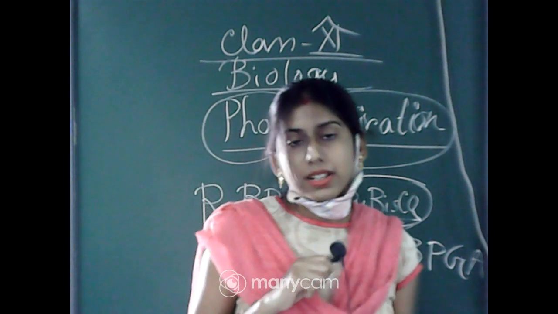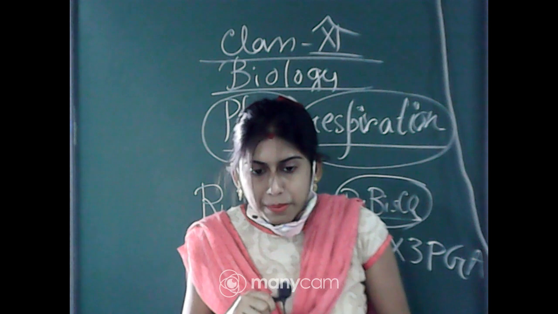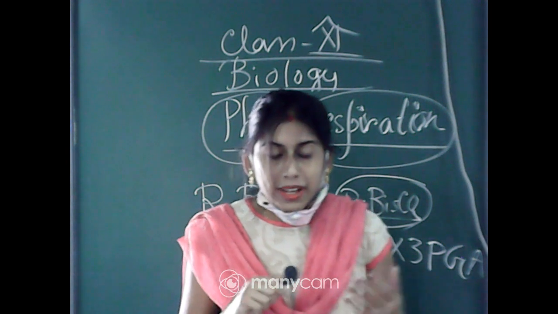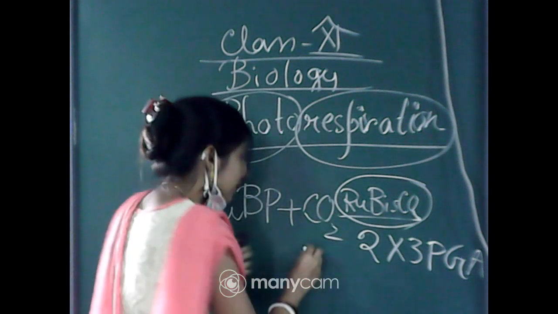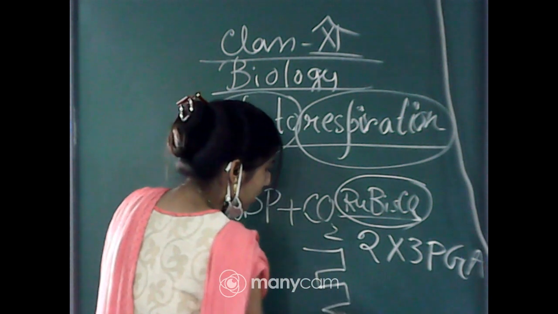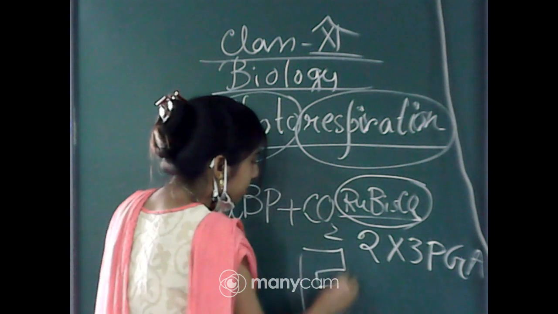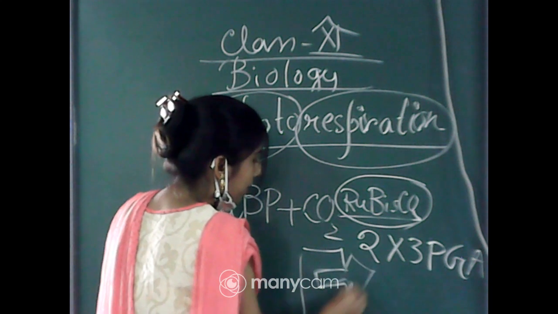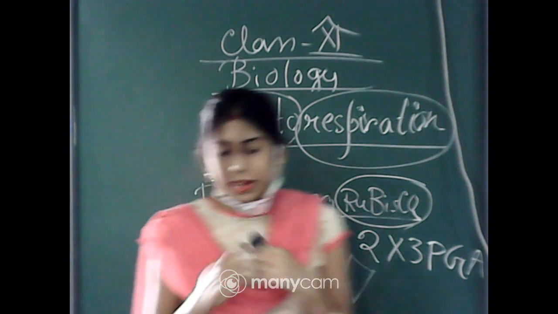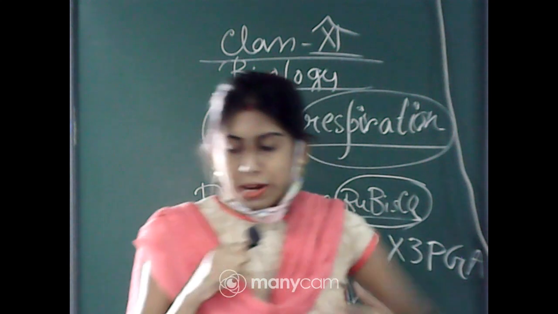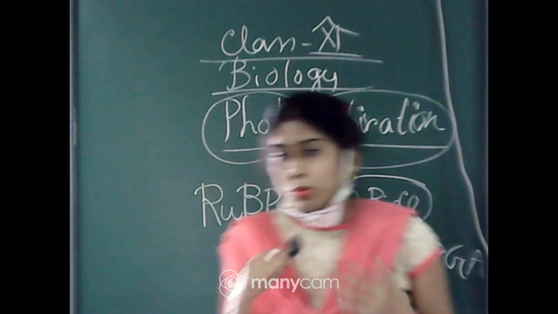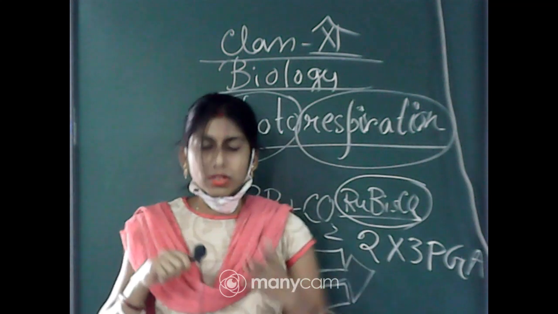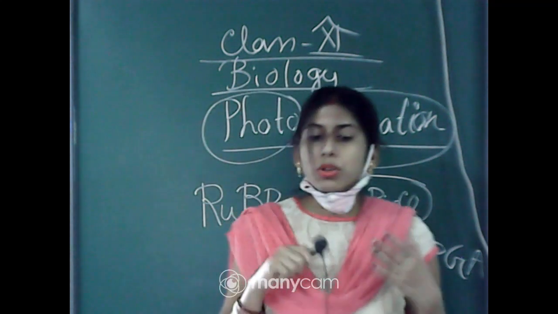And why? If I ask you why, it is because, as you have read in the enzyme part in the biomolecules chapter, enzymes have an active site, and substrates bind with that particular active site. So this particular enzyme has active sites for both carbon dioxide and oxygen, both CO2 and O2.